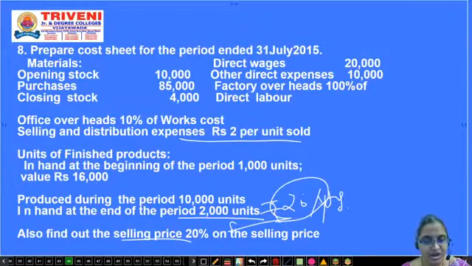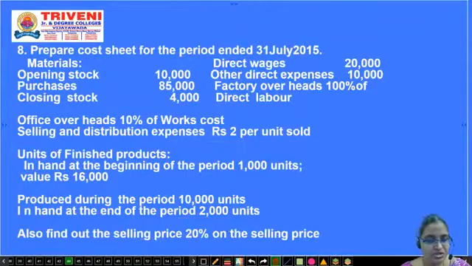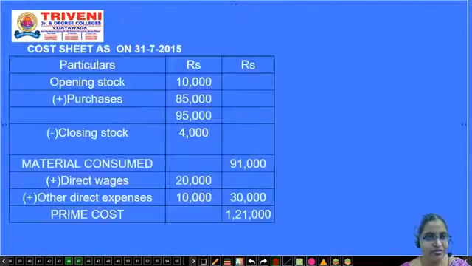So you have to observe the solution in a detailed manner. First, put the heading: cost sheet as on 31st July 2015. Particulars, rupees. First opening stock 10,000, add purchases 85,000.